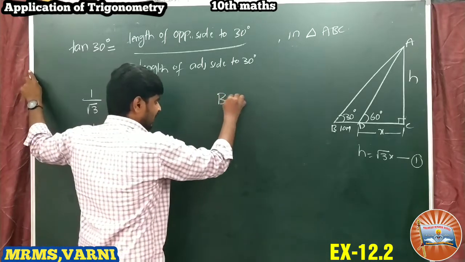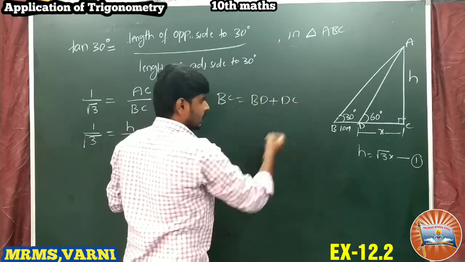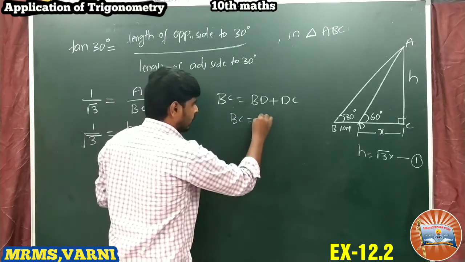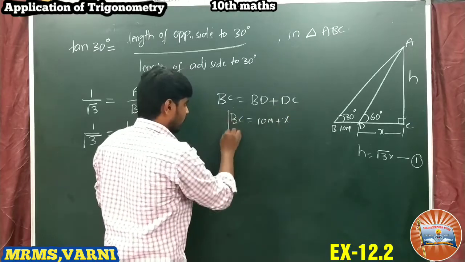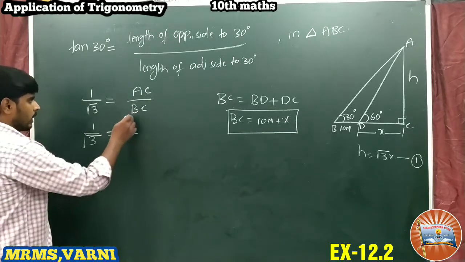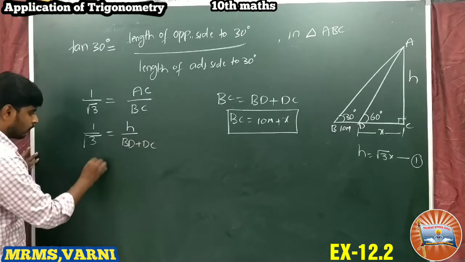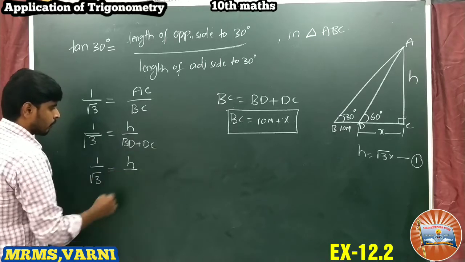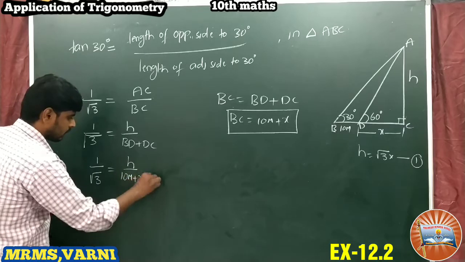So 1 by root 3, AC value h by BC we can write. So BC is nothing but BD plus DC or CD, isn't it? So BC is equals to BD value we have, that is 10 meters plus CD x. So we can write BC is equals to 10 plus x. So 1 by root 3 is equals to h by BD plus DC, that is nothing but 10 meters plus x.